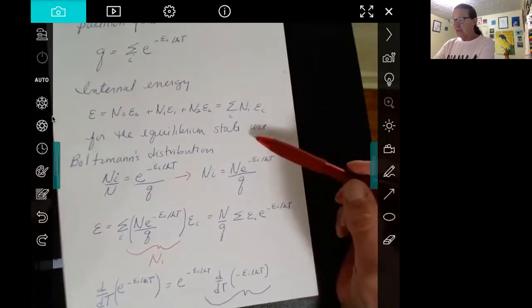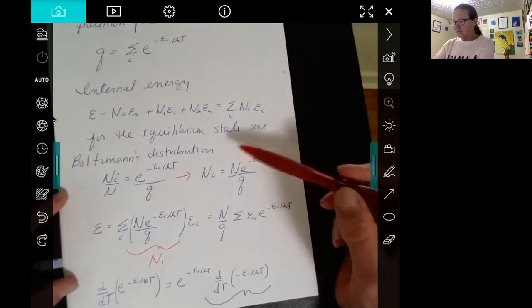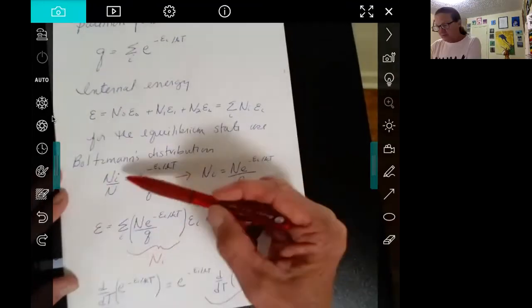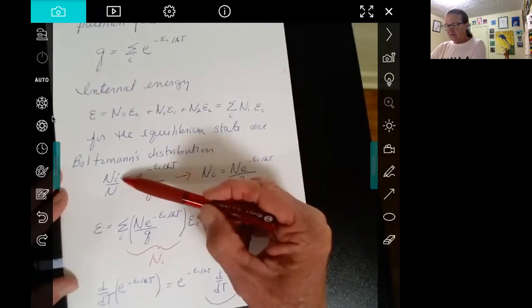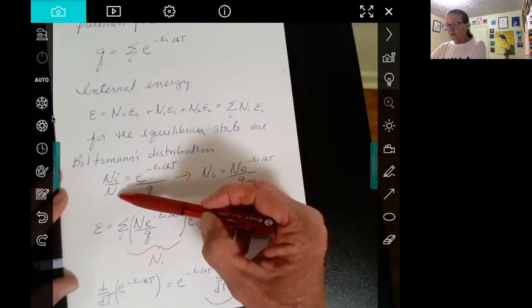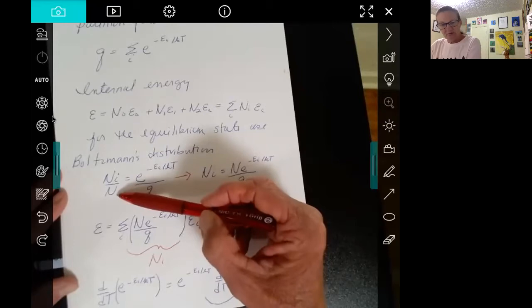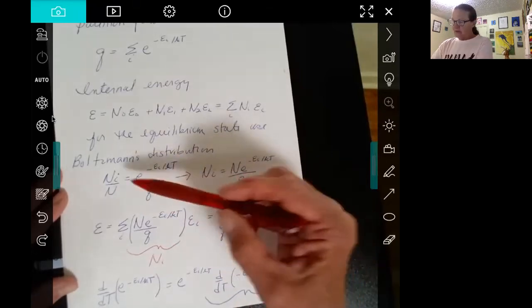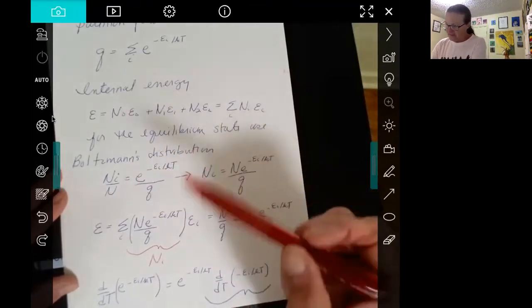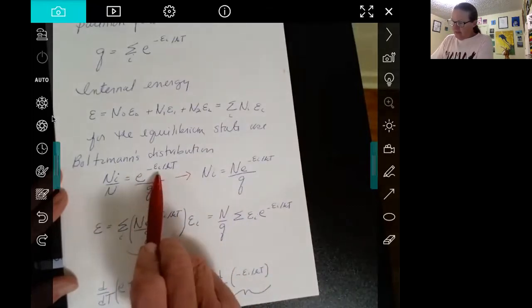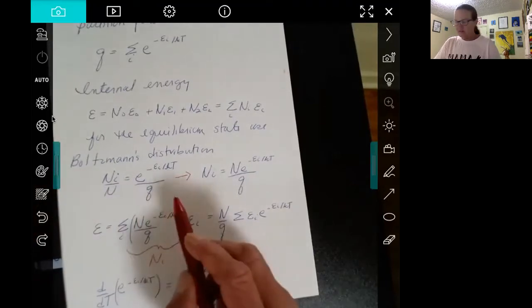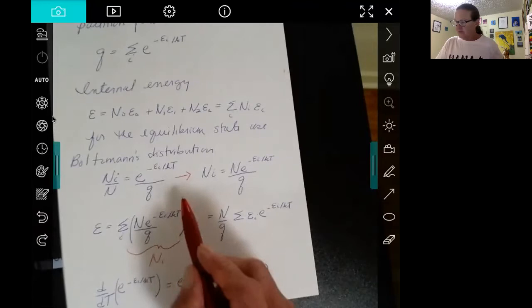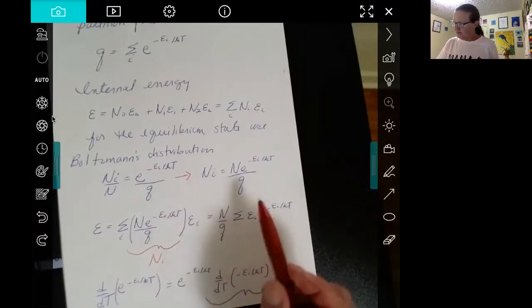If it's in equilibrium, we can use Boltzmann's distribution, and Boltzmann's distribution says the population of any state, so the number of molecules in state i divided by the whole number of molecules in your sample, so the fraction of the molecules in state i, is equal to e to the minus epsilon i divided by kT, divided by the partition function. And this is just what we were introduced to in the first section of this focus 12.